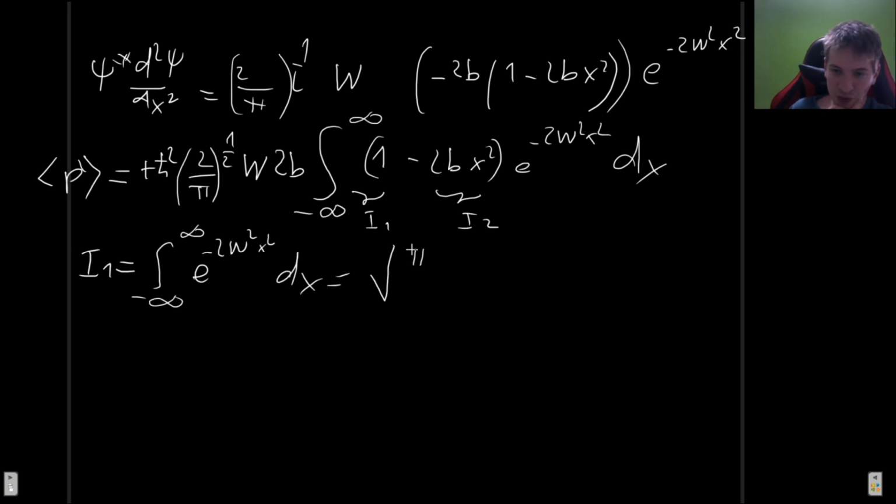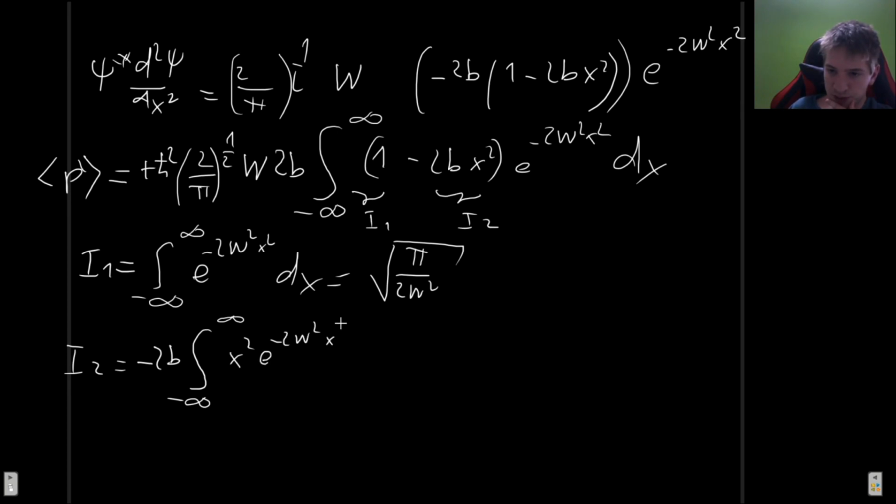It's just square root of pi divided by 2 omega squared. Okay, and then we have I2 going to be minus 2b times the integral from minus infinity to infinity of x squared e to the minus 2 omega squared x squared dx.